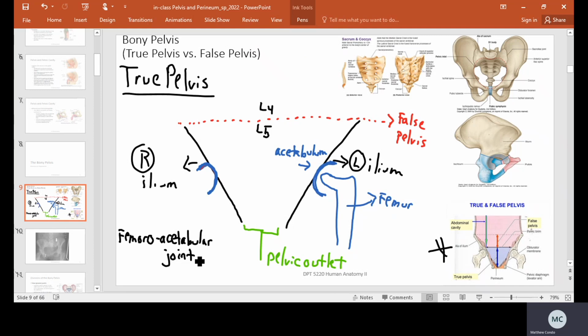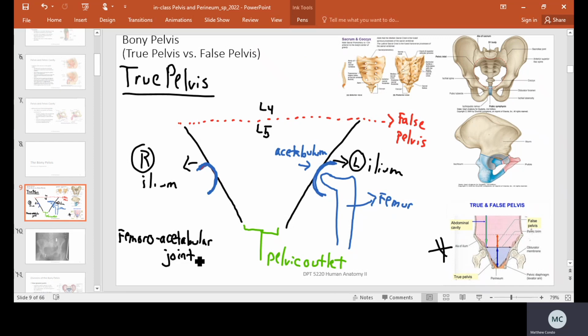So that's where the femur and the acetabulum have come together, created a bunch of shear forces, and they started to shear off things like cartilage or synovial lining. So my femoral acetabular joint is going to be, quote, my hip joint, okay?